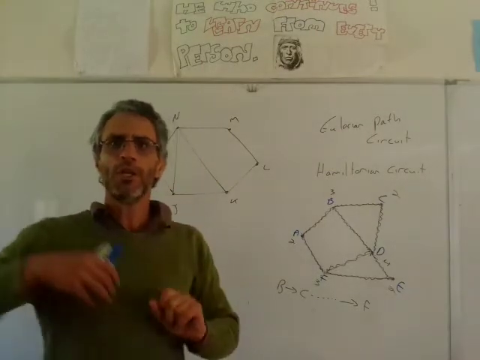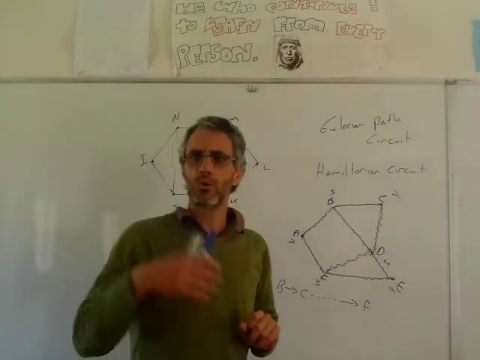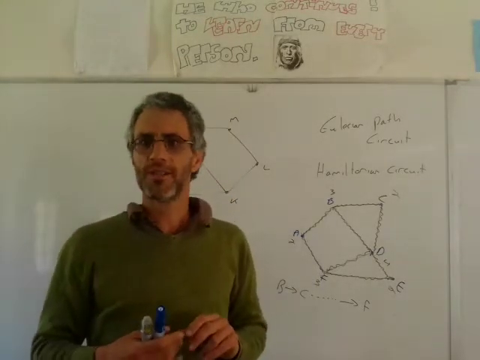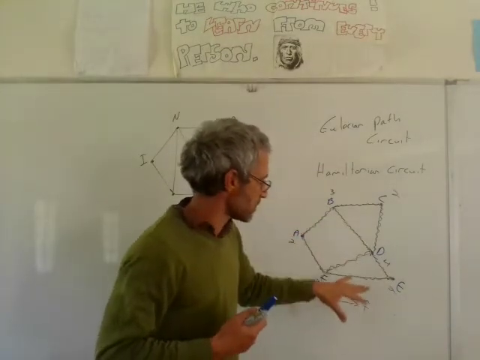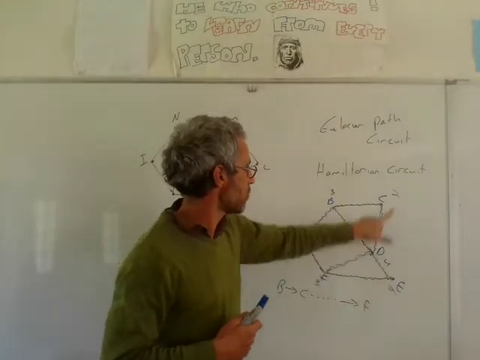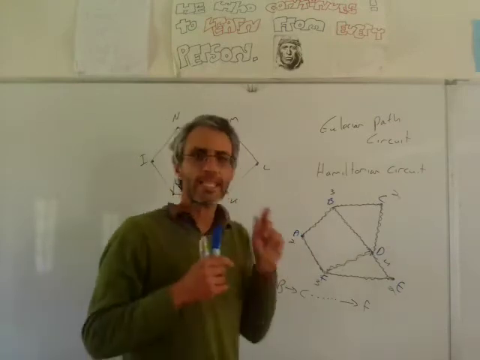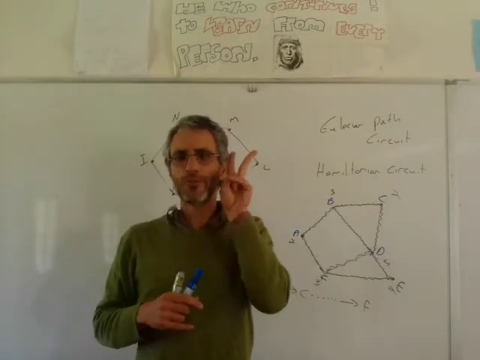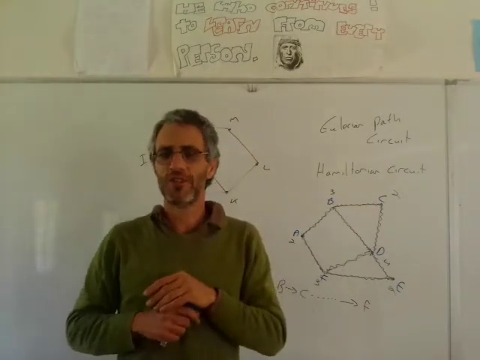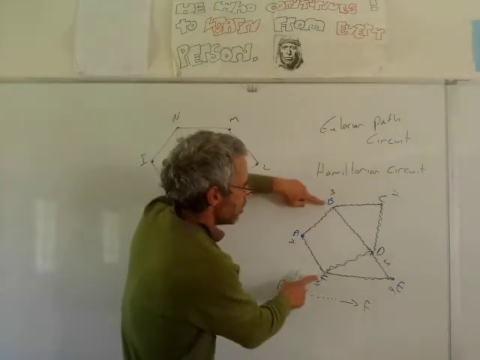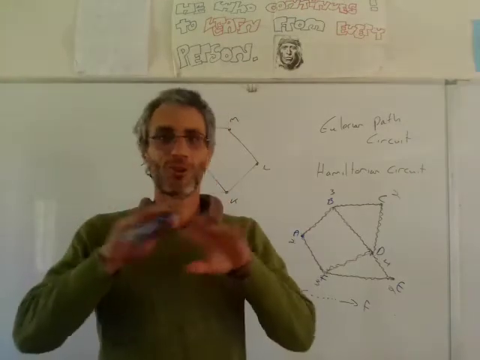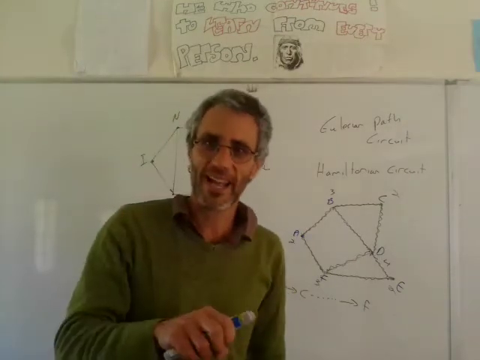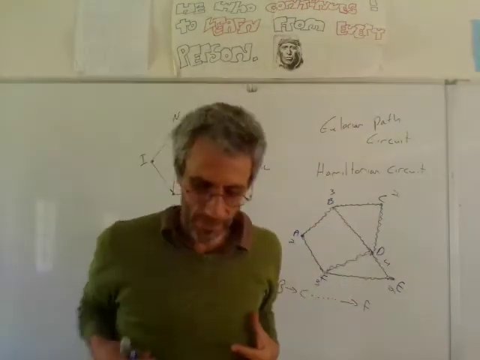The principle you learned last year is that if you have all the degrees even, 2, 4, 2, 2, except for two vertices where the degrees are odd, then you can have an Eulerian path. You can't have an Eulerian circuit, but you can have an Eulerian path. I'll just recap this whole thing.